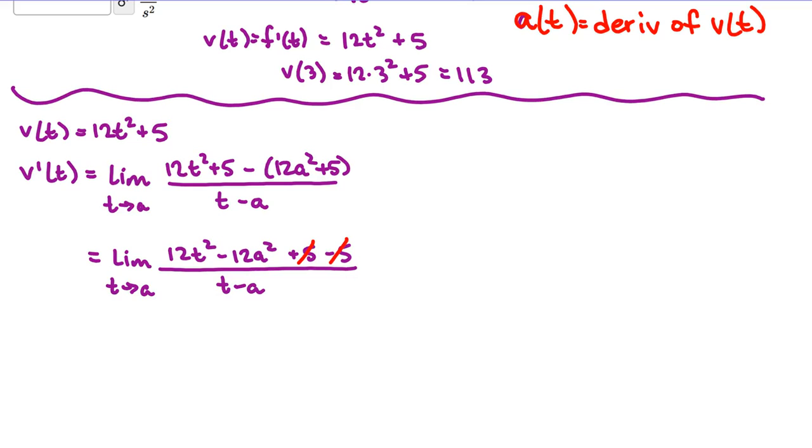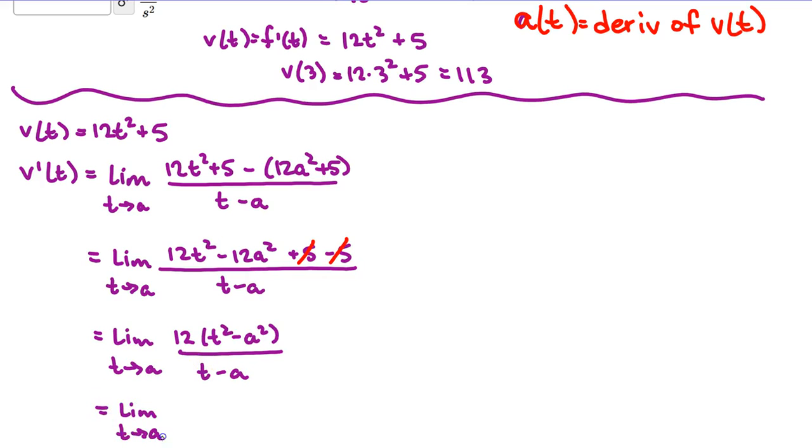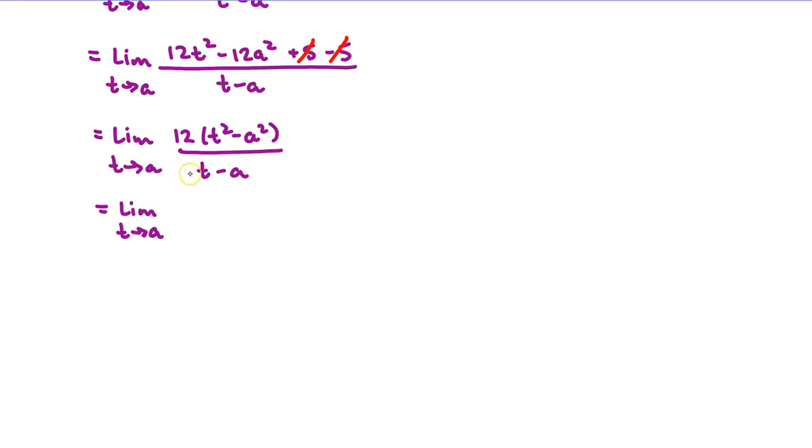And now we're going to factor the 12 out of the numerator. And then it dawns on us, oh hey, we have t squared minus a squared. We can factor that. That's a difference of squares. So the limit as t goes to a of 12 times the quantity t minus a times t plus a, all over t minus a.